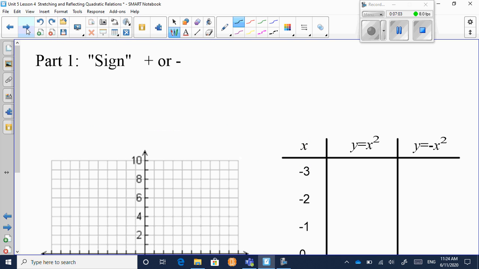All right, well, here we go. Let's focus in on these two. So part one is the sign. Is it positive or negative? And here's what we need to know: if a is positive, the parabola opens up.